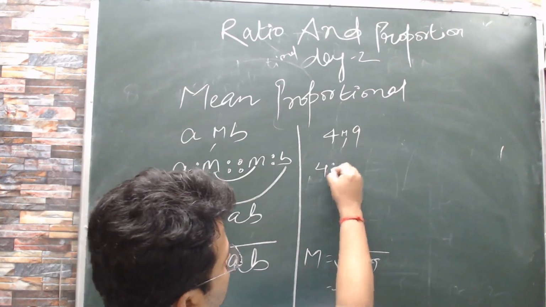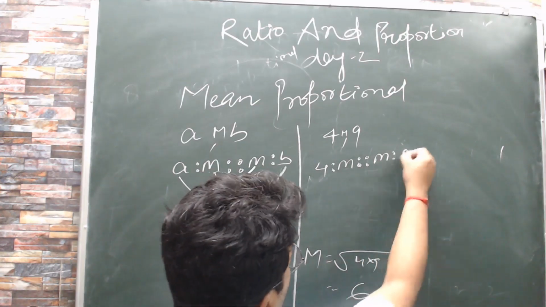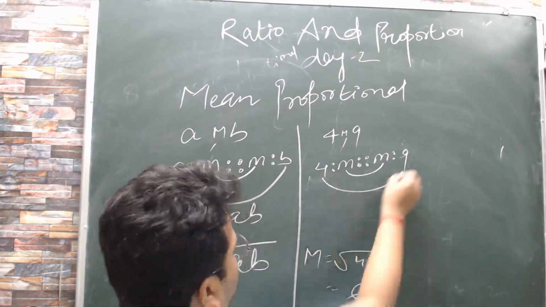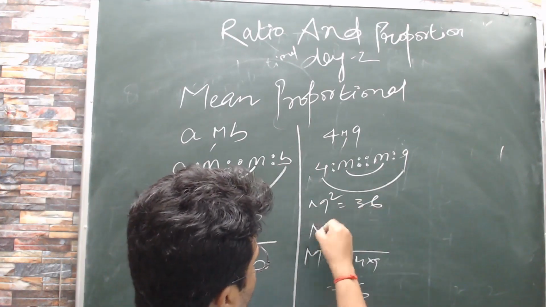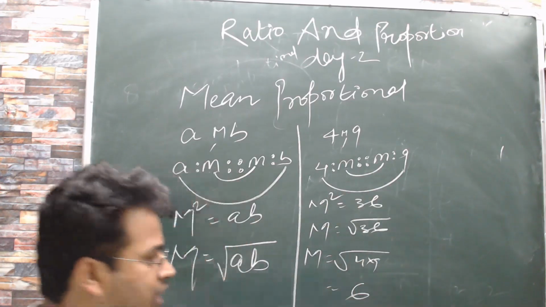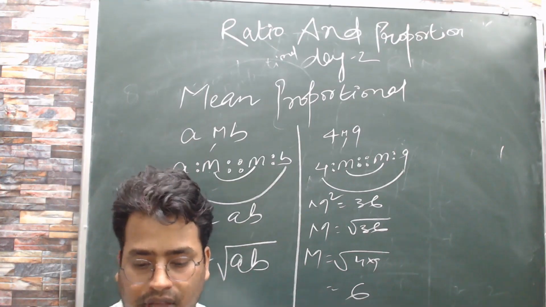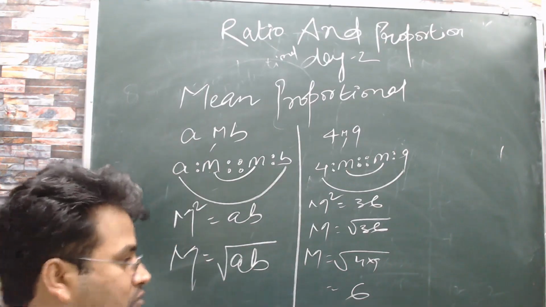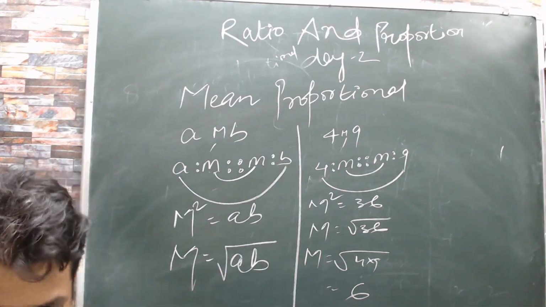So 4 ratio m proportion with m ratio 9. So the multiplication of this one and this one is equal. So m square equals 36. So what is the value of m? This square will go to this side, and the square root of 36 is 6. Understood? Okay, good.